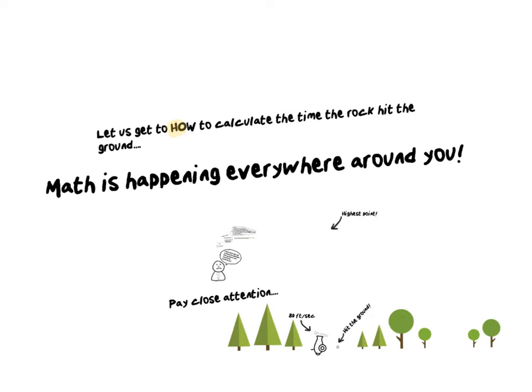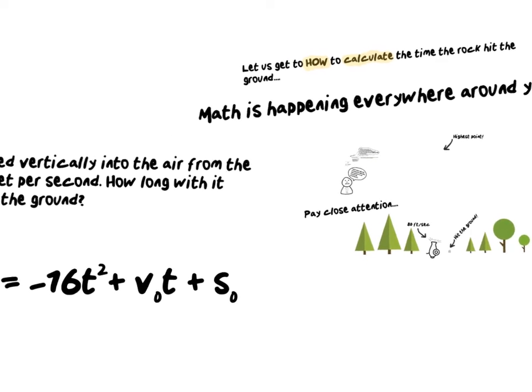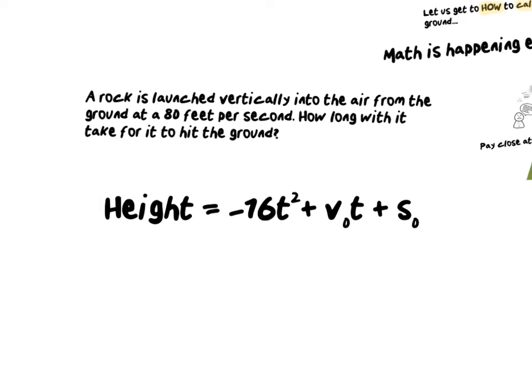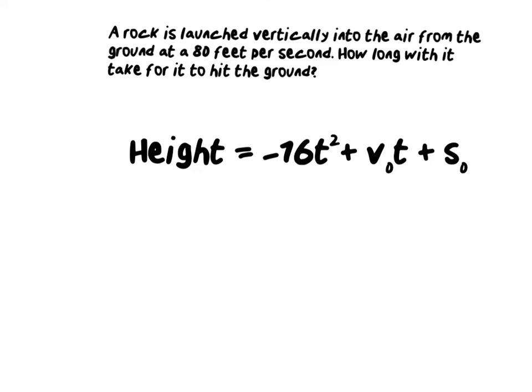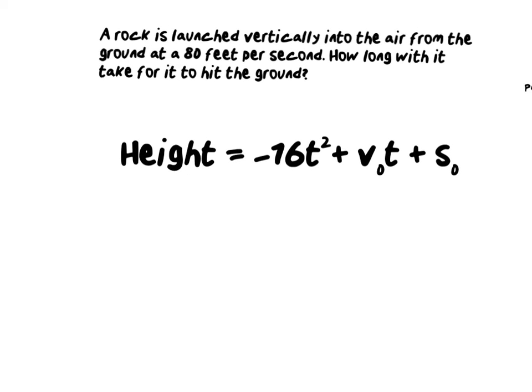All right, so now we're going to get into how we calculate the time that the rock hits the ground. So let's go back to the scenario. And remember, the bottom line is we want to know how long it will take for it to hit the ground.